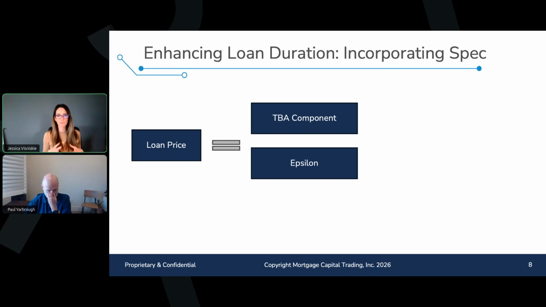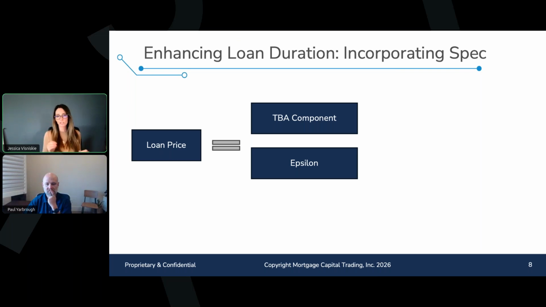So no assumptions or static ratios here with this methodology. You are seeing the almost real-time behavior of each spec, story, and note rate combination, and then you're able to size your hedge accordingly, better preserving those margins and just more effectively hedging overall.